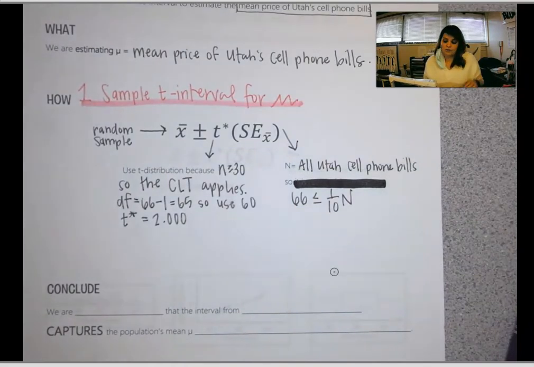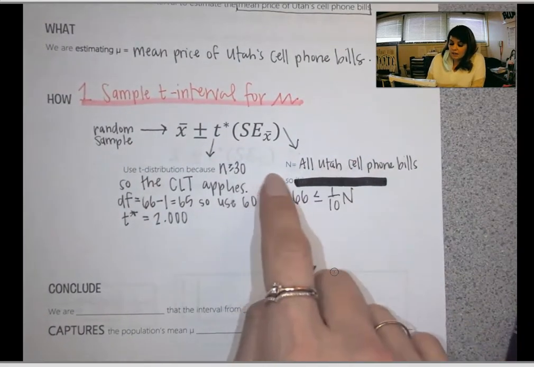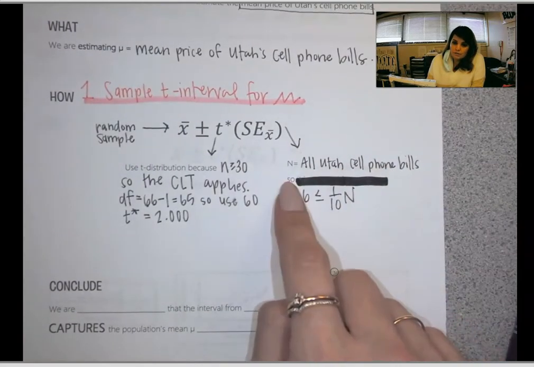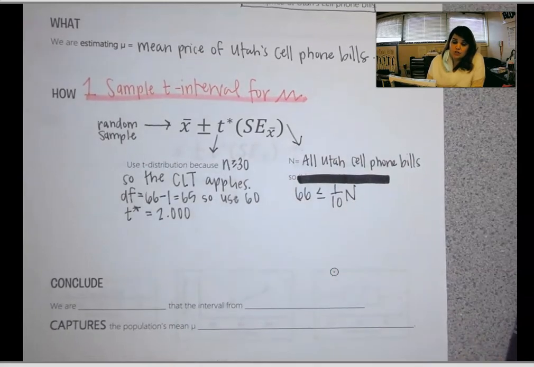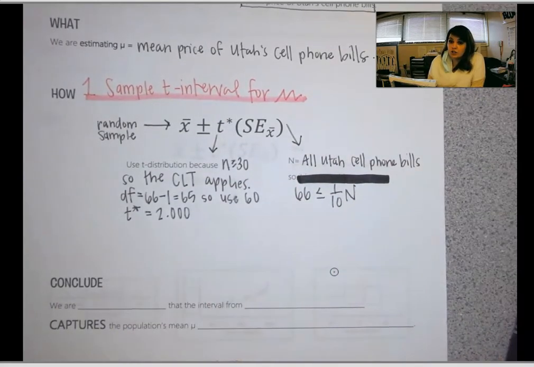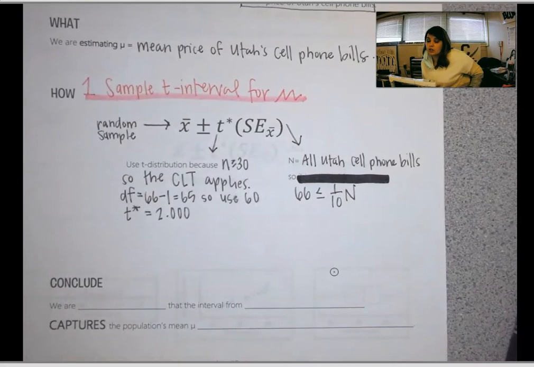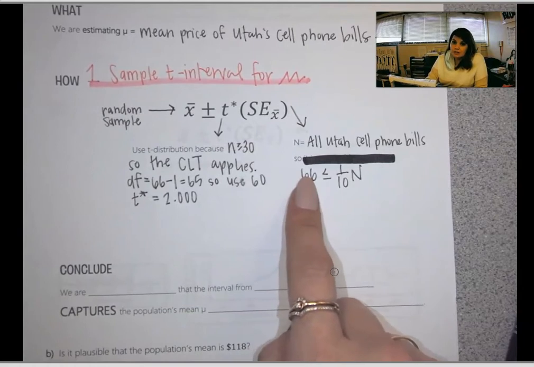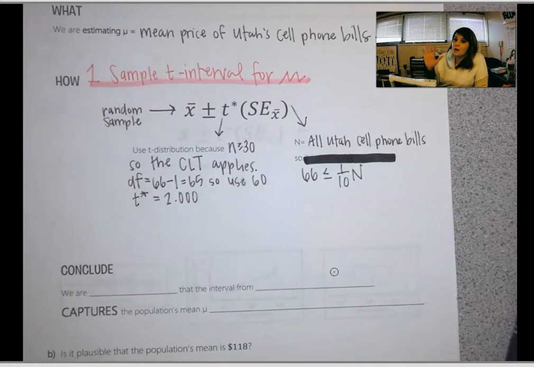We can just flat out say, if N is all of Utah's cell phone bills, then this is for sure true. We're not assuming that it's true. We know for sure it's true. This would mean that our population is at least 660. There's at least 660 cell phone bills in the mile radius of where you are sitting right now, let alone the entire state.